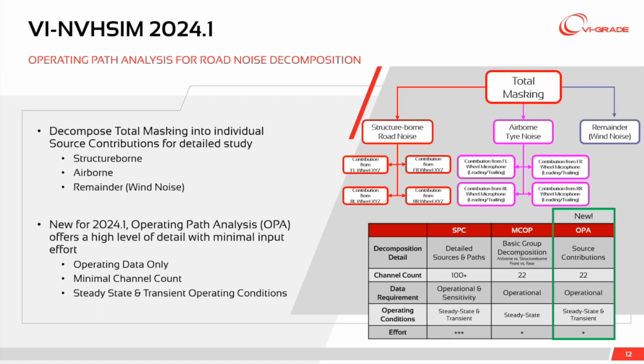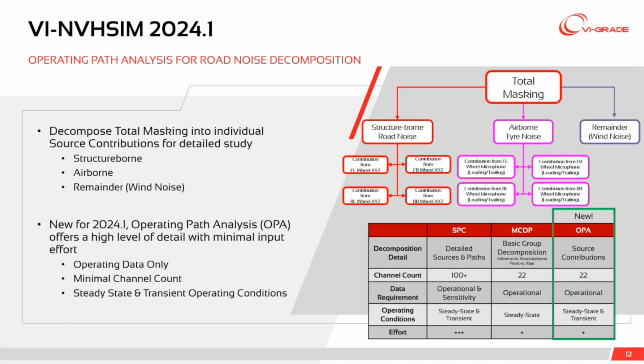It offers a greater level of detail than was possible with the multiple coherence method, approaching that of the source path contribution. Of course, we don't have the sensitivity, so it's a little difficult to say whether something is driven by high input source levels or amplified by the sensitivity of the vehicle body structure, but it still gives us that level of going just a bit deeper.